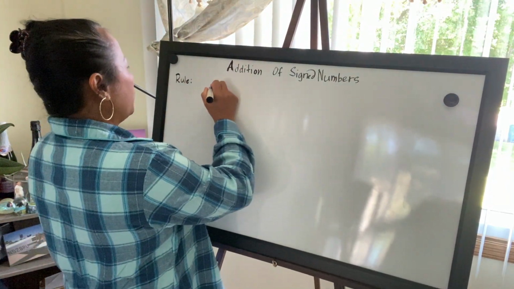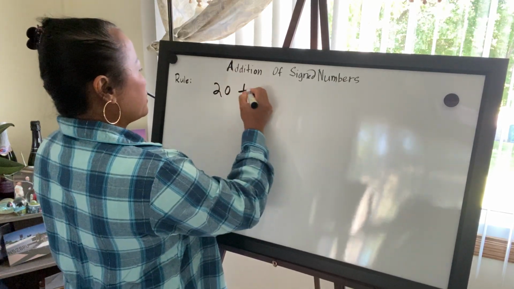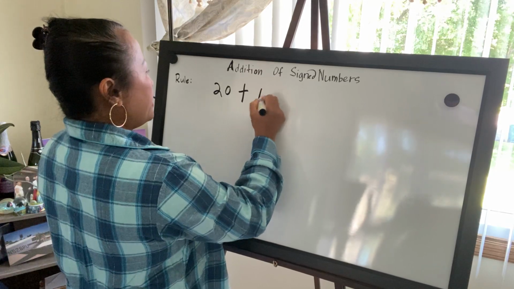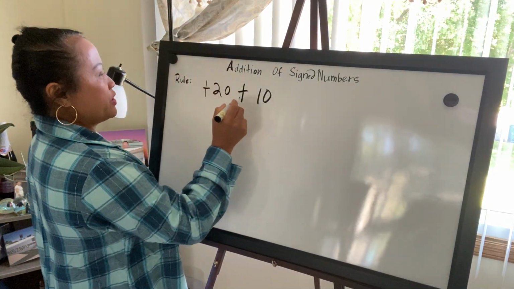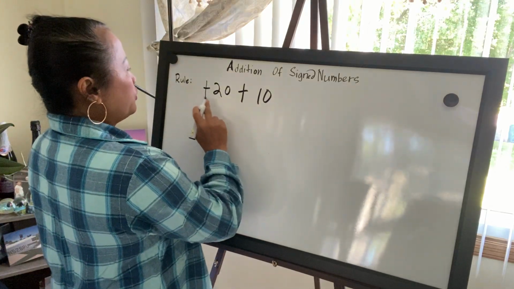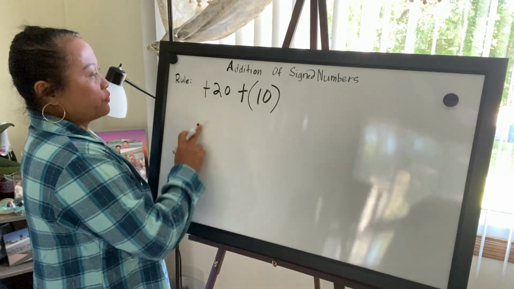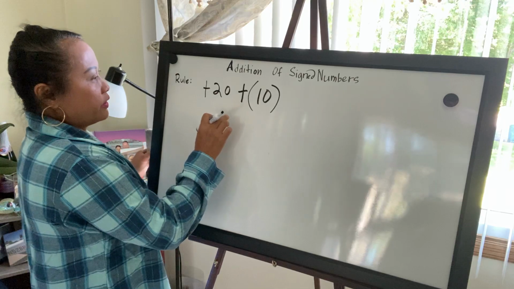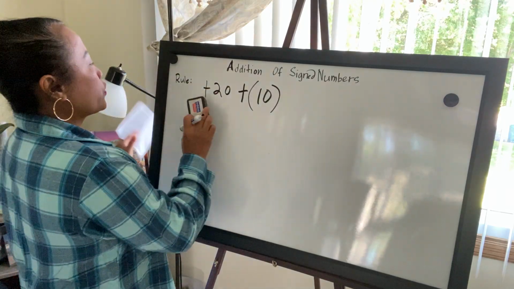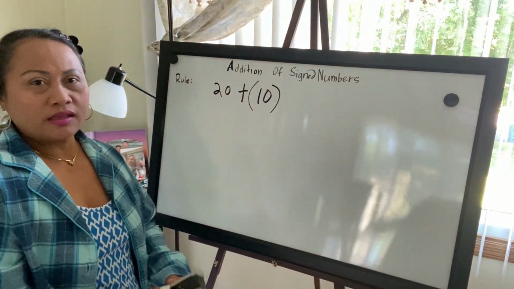Like for example, 20 plus 10. Okay, let's put positive here. Positive 20 plus 10. See? If I put positive, it's okay. And then, we can also eliminate this, so it becomes like that. It's understood to be positive.